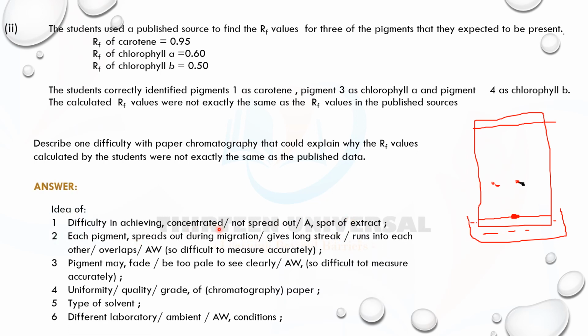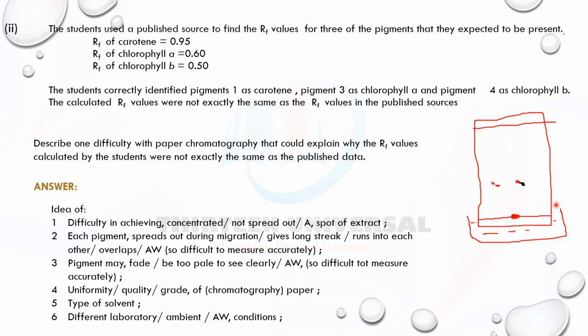So let's see the marking scheme. Difficulty in achieving a concentrated spot of extract not spread out. Each pigment spreads out during migration. They spread out, that's the problem. They give long streaks, run into each other, and overlap. Please memorize it. Pigment may fade too pale to see clearly, so it's difficult to measure accurately. Because you know that you're going to measure from here to here, divided by here to here.